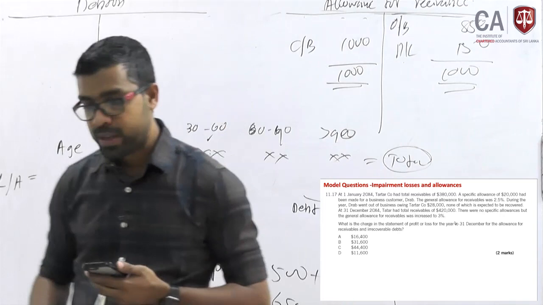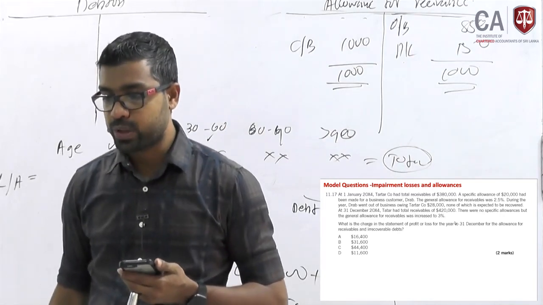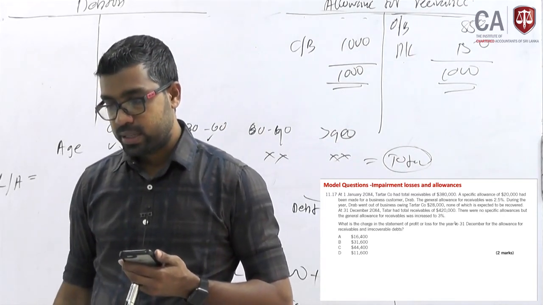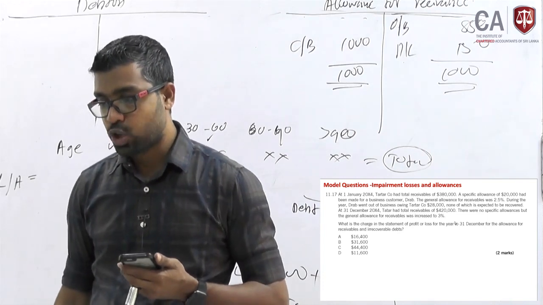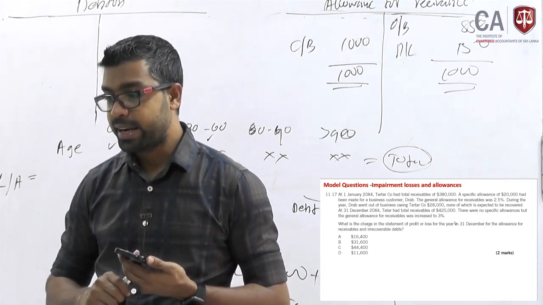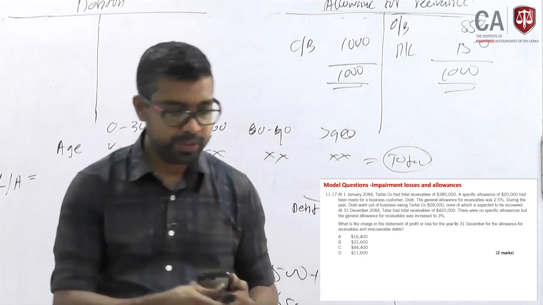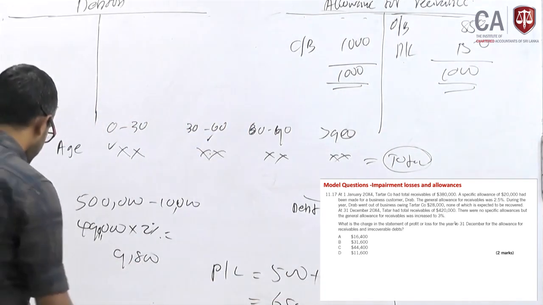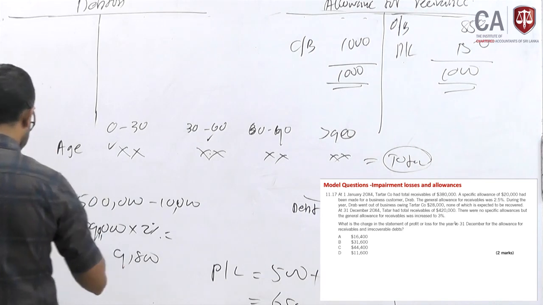At 1st January 2004, Tata Company has a total receivable of 380,000. Opening balance 380,000.